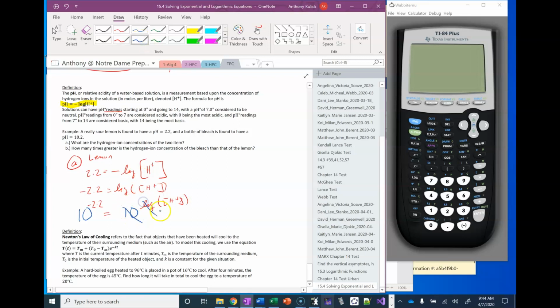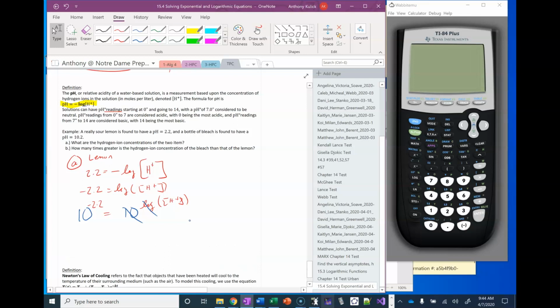So that cancels the log. And if I go to my calculator, 10 to the negative 2.2 is 0.00631 moles per liter is my concentration.